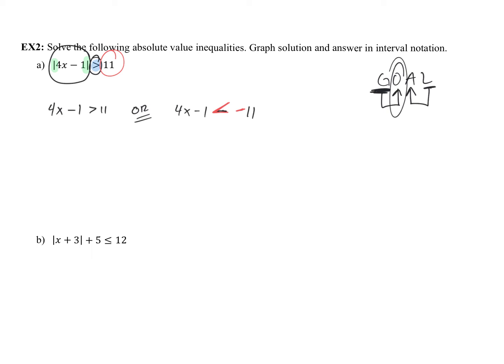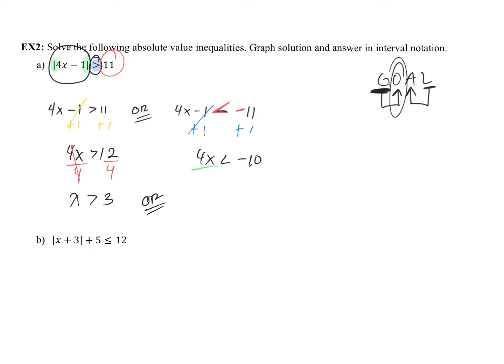Okay, so solving, add 1 to both sides, 4x is greater than 12, dividing both sides by 4, we get x is greater than 3. Or, adding 1 to both sides, we get 4x is less than negative 10.